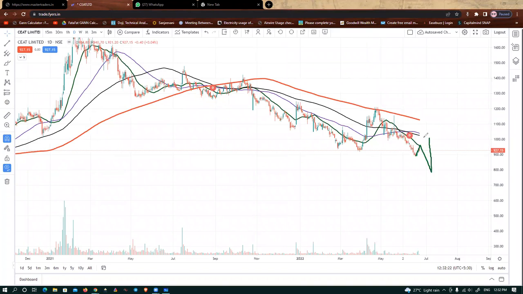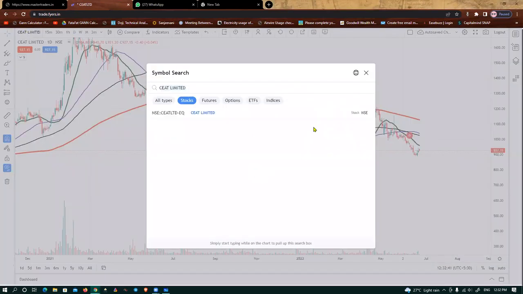When it goes to the next moving average, it will provide resistance. Finally, if it escapes from all these moving averages, the higher one will give you resistance. Which is the next stock?